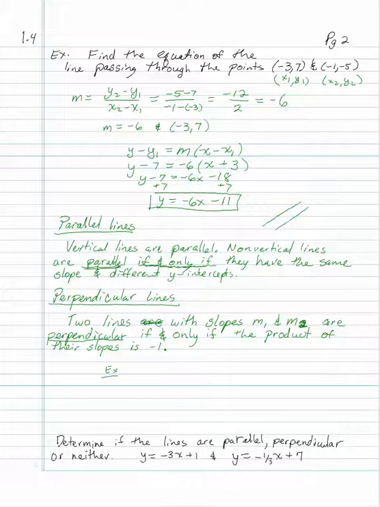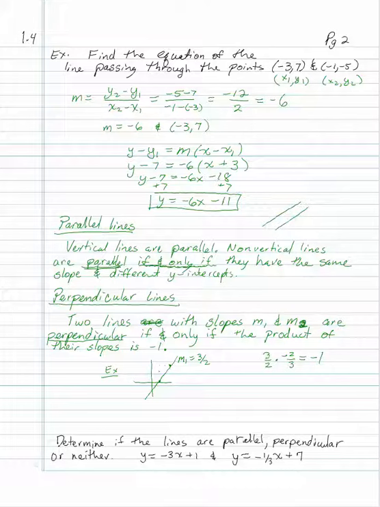So let me give you an example. If I had a line that had slope 3/2, then the perpendicular slope would be, you flip it over and change the sign, because 3/2 times something to get negative 1, I have to do the reciprocal, and it's the negative reciprocal to get negative 1.